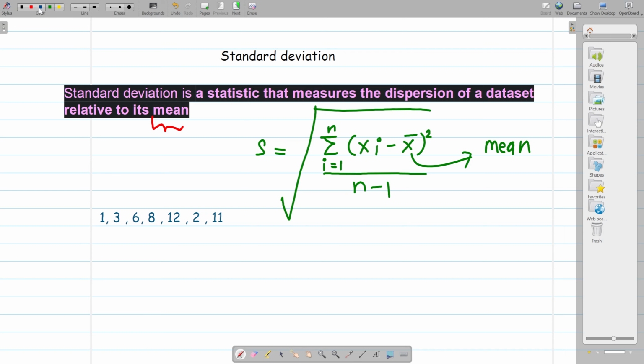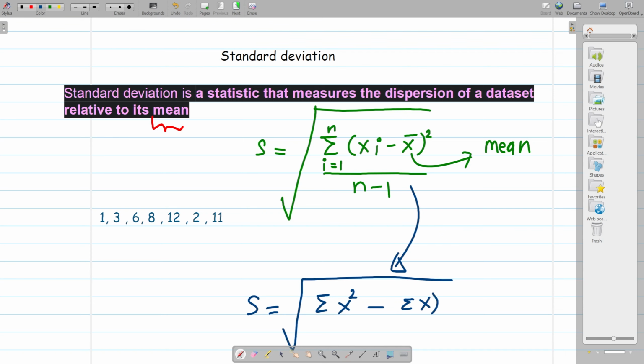From this equation, we can derive another equation. Here you don't see any mean, so you can directly find the standard deviation for a particular data set without finding the mean. This equation is derived from the original equation.